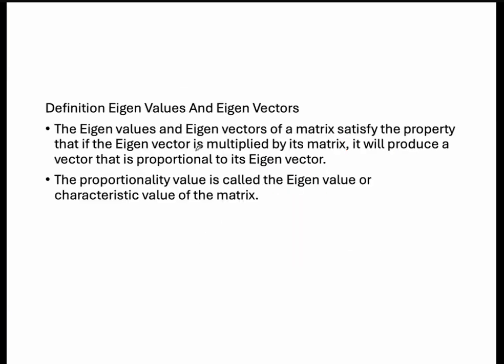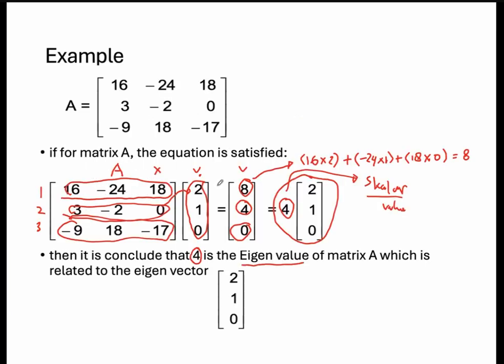Okay, so the eigenvalue is the value or scalar that, if we multiply with a matrix, will produce a matrix that has values proportional to the previous matrix.